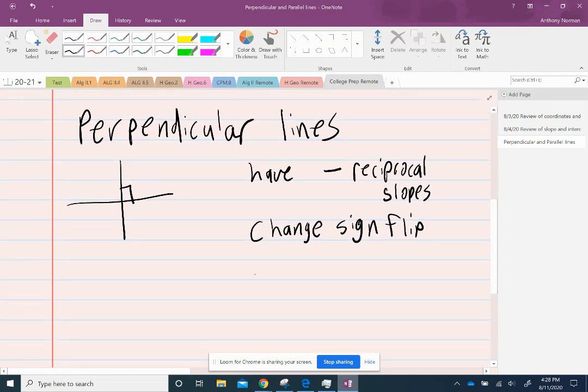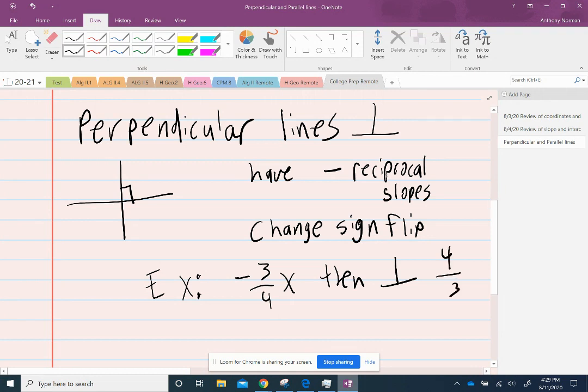For example, if our slope is negative 3 over 4, let's say that's our slope, then the perpendicular slope, that's a symbol for perpendicular, sorry, is: change the sign so it's positive, flip it, 4 over 3.